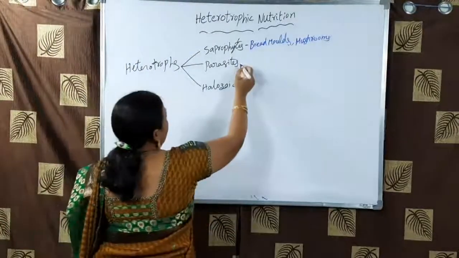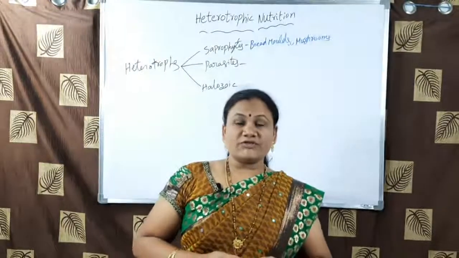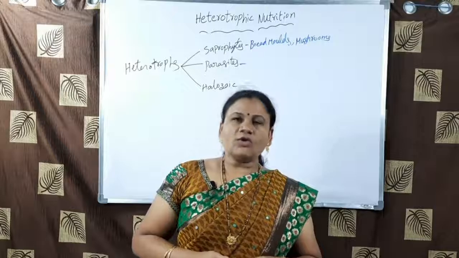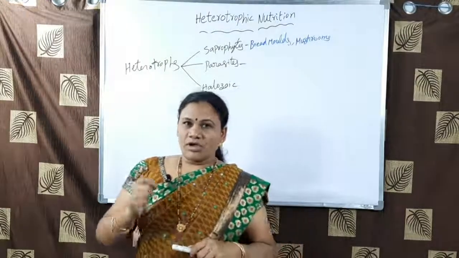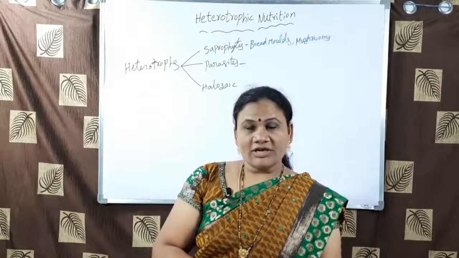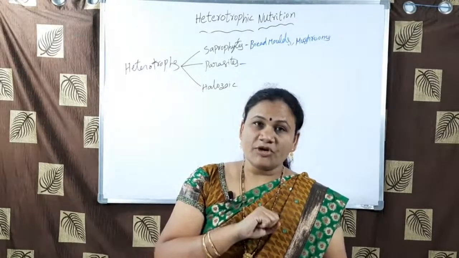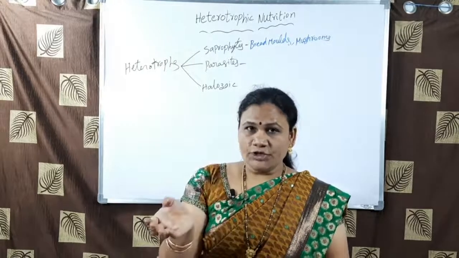Next one is parasites. That means these organisms obtain nutrients from other animals without killing them. For example, if a mosquito bites us, what will happen? Why does a mosquito bite us? It sucks the blood from our body. So blood is its food.